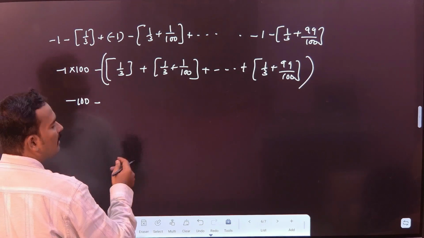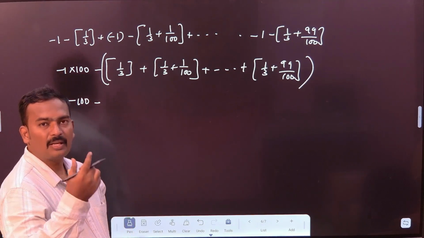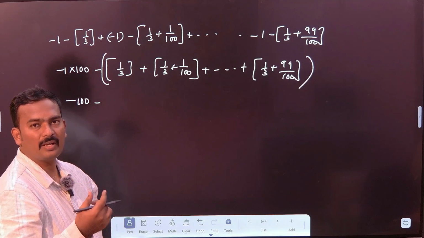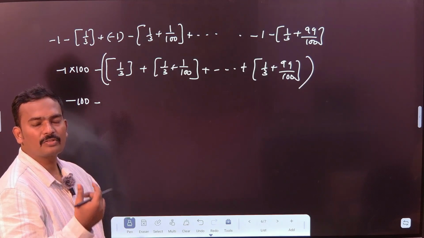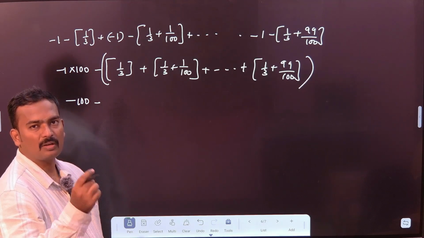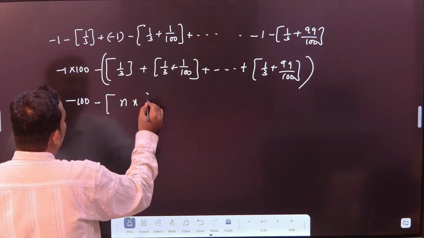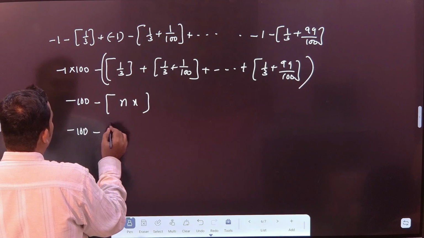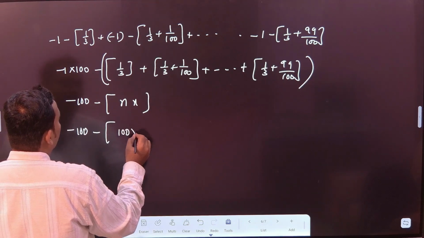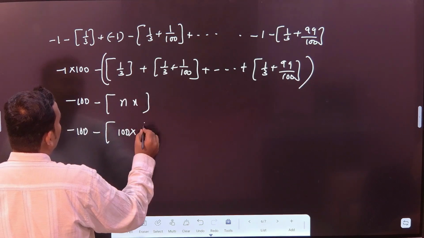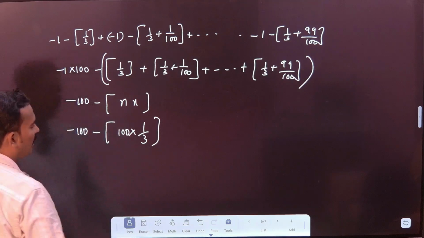You already know that greatest integer function of x plus greatest integer function of x plus 1 by n, plus so on, greatest integer function of x plus n minus 1 by n is what? Greatest integer function of nx. So n times x here, right? Minus 100 minus, what is n here? 100. What is x here? 1 by 3, right?